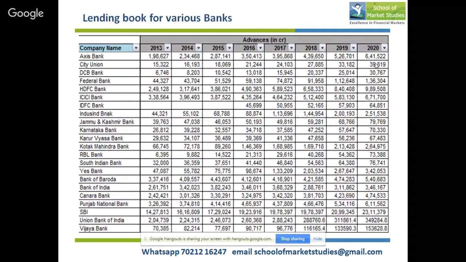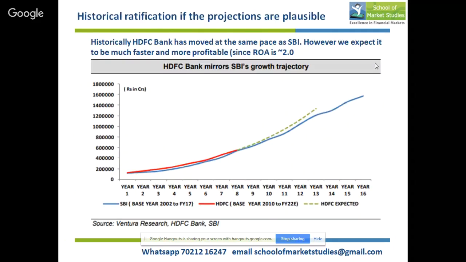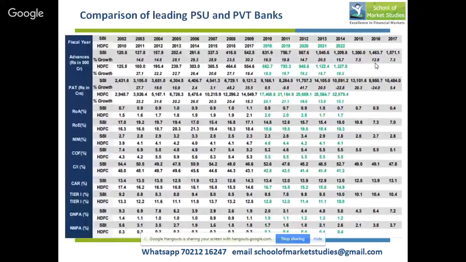Then we eyeballed all the data to get a kind of sense of understanding of what is the size of the bank, how are they moving, where are they headed, right? Then we took the leader in the segment to assess whether that growth is feasible on a large base. And when we compared it to SBI, we said that it is possible.